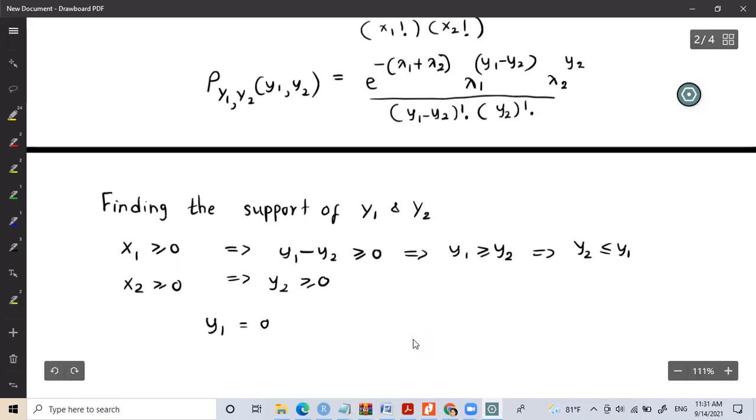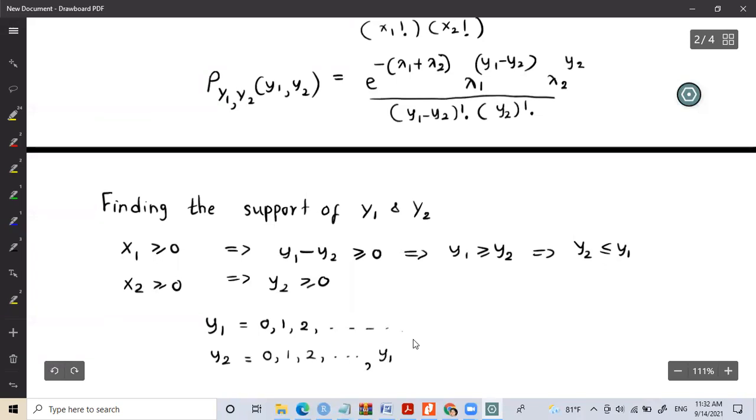If y1 is going from 0, 1, 2 up to infinity, where will y2 go? y2 should be less than or equal to y1, but it is also greater than or equal to 0. So it should go from 0, 1, 2 up to where? It should stop at y1.